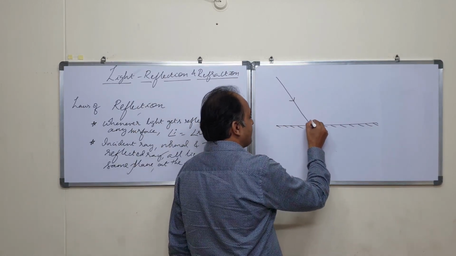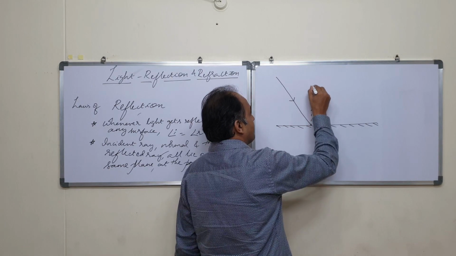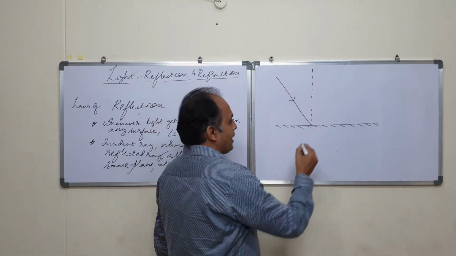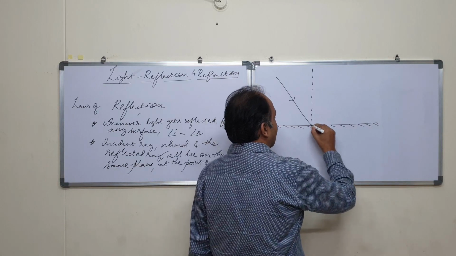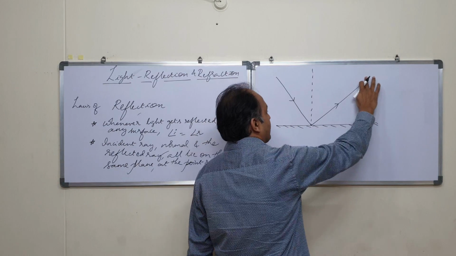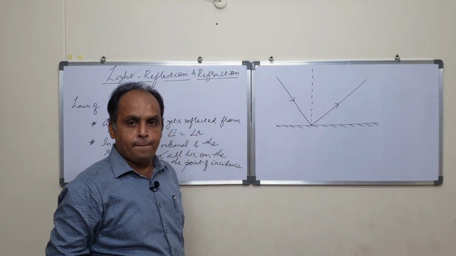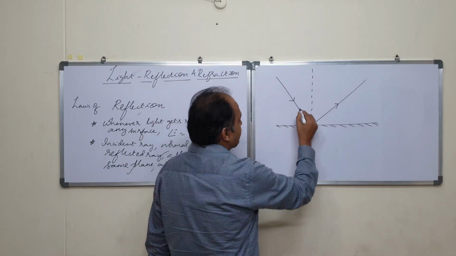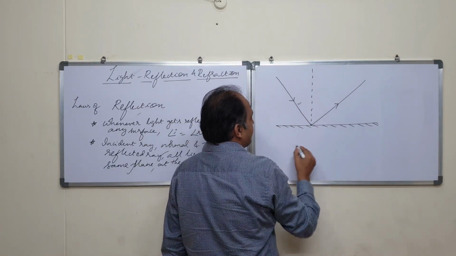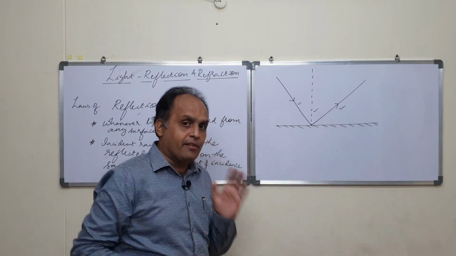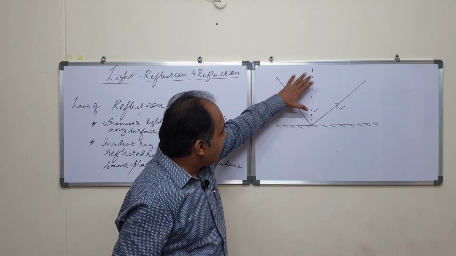Here we draw a perpendicular, which we call the normal, and then the light gets reflected from there. This is what we call the reflected ray. If you observe carefully, the incident ray, the normal, and the reflected ray, if you take them individually, are in different planes.